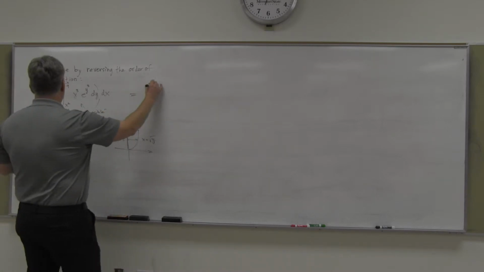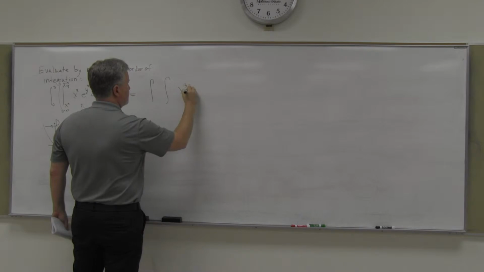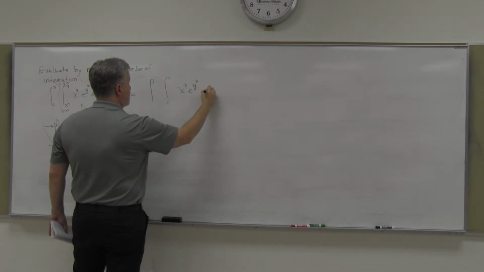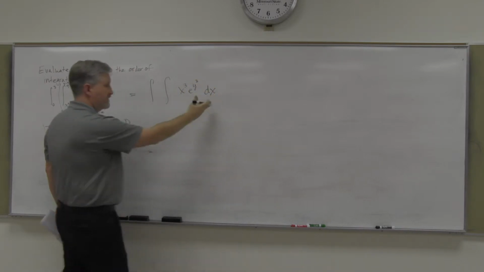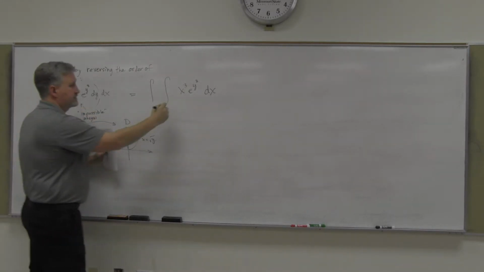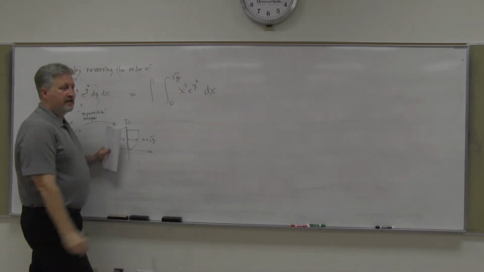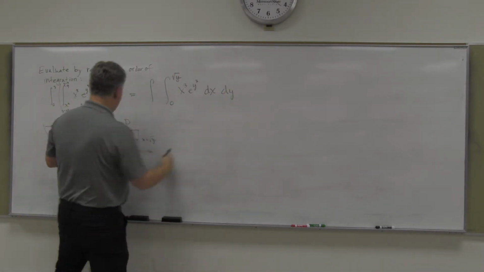So this is going to be, now, I'm going to do x cubed e to the y cubed, but I'm going to do the dx's, integrate with respect to x first. And so that would go from 0 to square root of y for the x's. And then do my y's. Well, what do my y's go between?